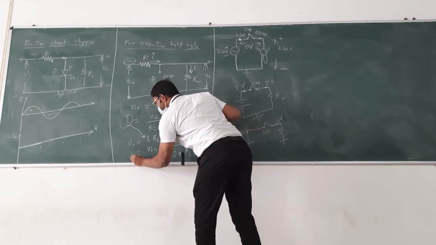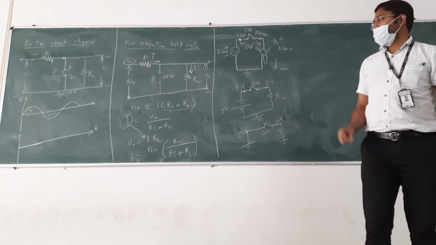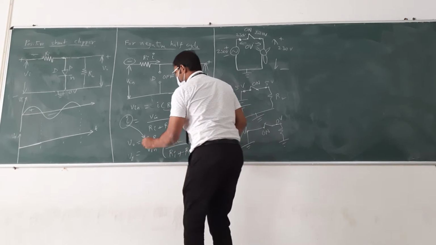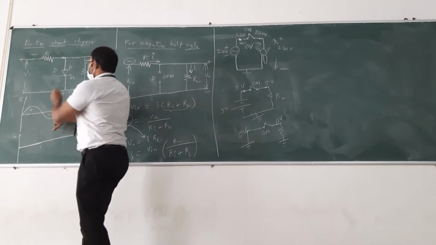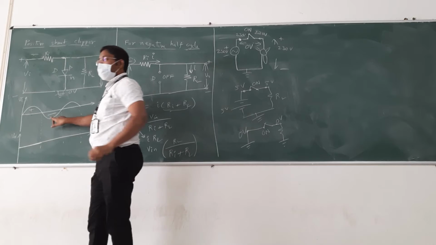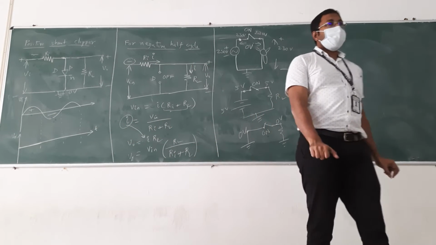This will be the V naught. Okay? This will be the output voltage V naught when the diode is reverse biased. That is for the negative half cycle. This will be the expression for V naught.